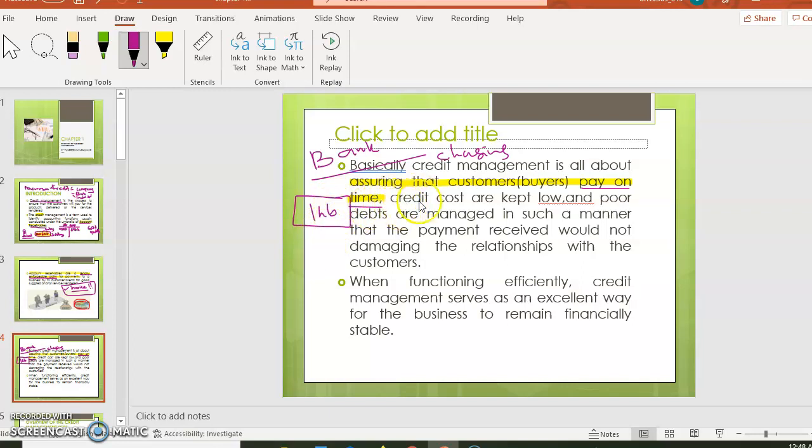So dia kena kenal pasti ada cara dia kan. So credit costs are kept low. So dia juga nak pastikan apa yang dia bagi pinjam tu costnya adalah sangat rendah dan poor debts are managed in such a manner that the payment received would not damage the relationship between the customers. Normally ini sangat penting lah. Sebab tu dia dah tetapkan awal-awal berapa hari bulan you kena bayar. So meaning to say you have to pay that amount.